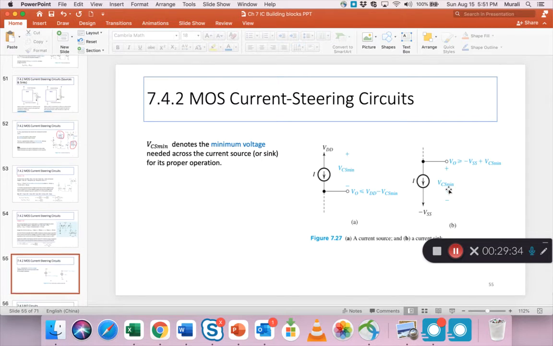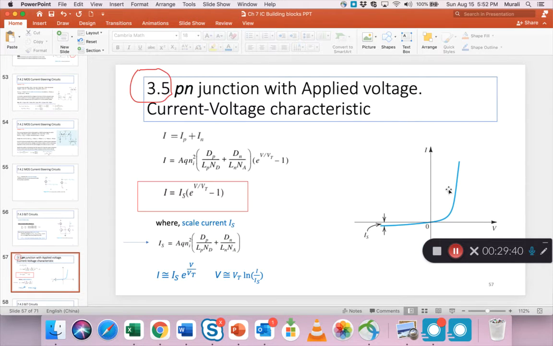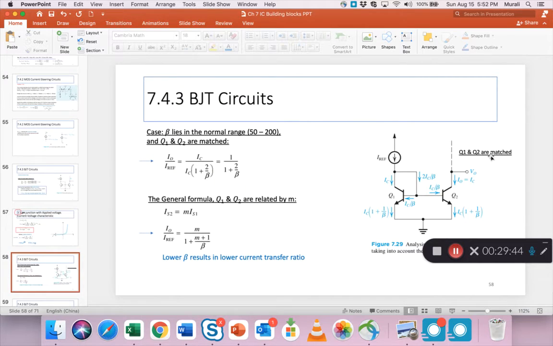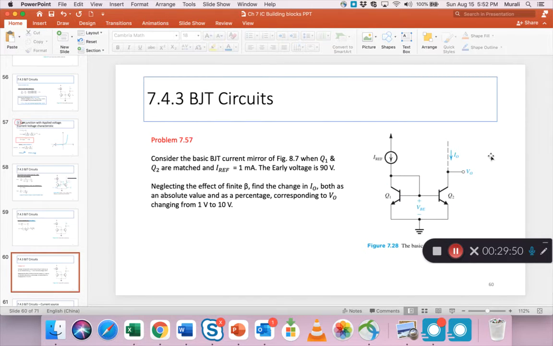All right, so I'm going to move on to BJT circuits. We have another 15 minutes. I don't have too many, but I do have a couple.